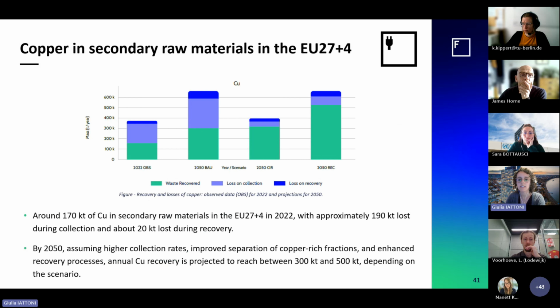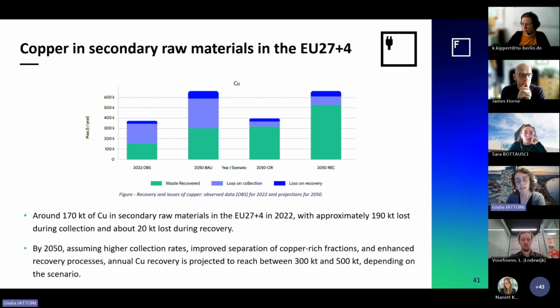And here you can see the amount of copper recovered in secondary raw materials and lost during collection or treatment in the EU27+4, both in 2022 and in 2050 for the different scenarios. In 2022, around 170 kilotons of copper were recovered, while more than the same amount was lost during either the collection or the waste treatment phase.